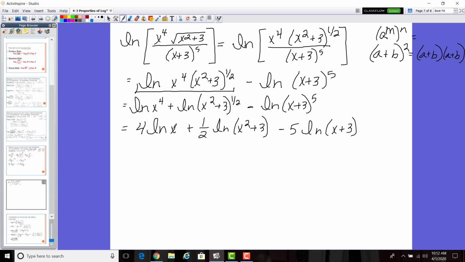X has no power, it's not a product nor a quotient, plus 1/2 natural log of x squared plus 3. Now I do have a power here, but that power is attached to a sum. Because I can't separate the sum, that power stays there. Minus 5 natural log of x plus 3. Again, another sum. There's no other products, quotients, or powers here. So this is my final answer.